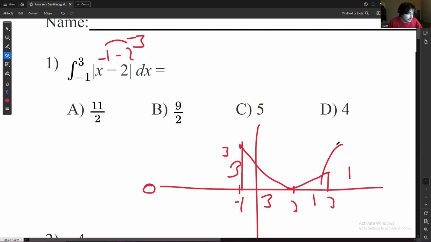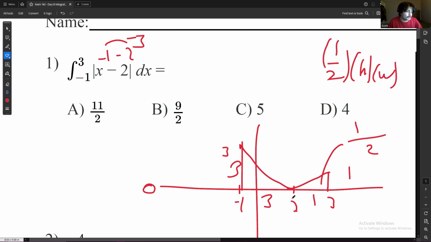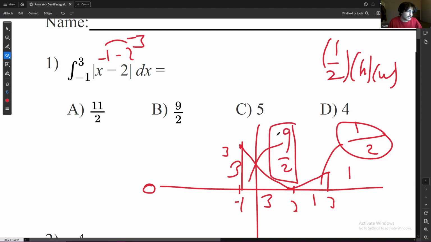So this triangle's area is 1/2, since the area of a triangle is 1/2 times height times width. For the other triangle, I get 3 times 3 is 9, so 9 over 2. If I add these together to find the area under the graph, remember, we're finding the integral.